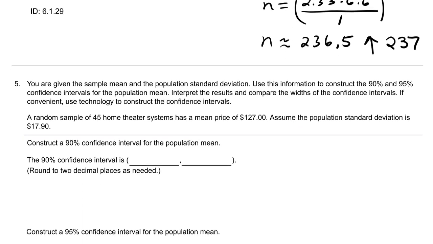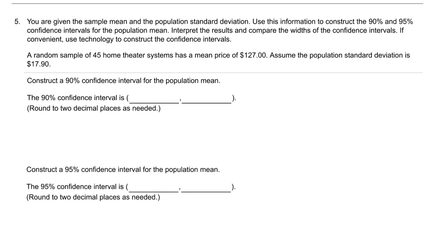Now for problem 5 here, what we're actually going to do is get two different confidence intervals, one at 90% confidence and one at 95% confidence, and see how they compare. So let's get the data out of the problem here. It says a random sample of 45 home theater systems. So we already know n is 45, has a mean price, so x bar is 127.